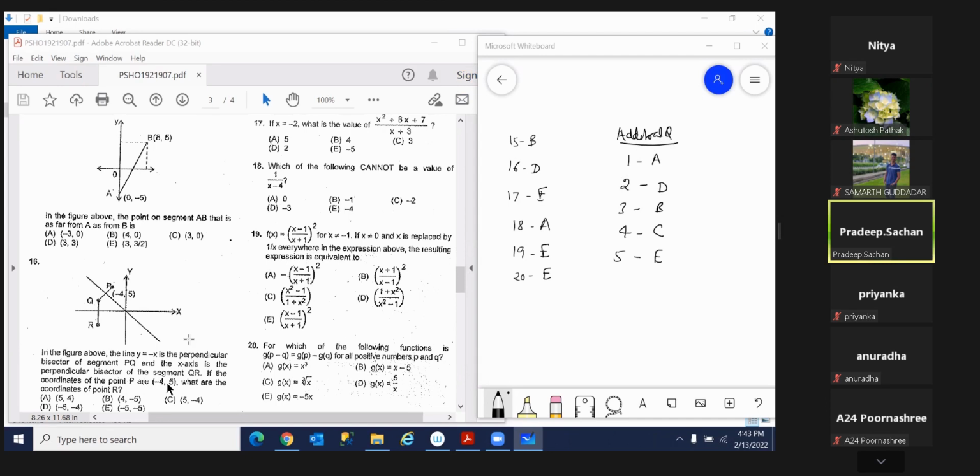Twentieth question we'll take. The 20th question is saying: for which of the following functions is g of p minus q equal to g of p minus g of q for all positive numbers p and q? We will try option by option.